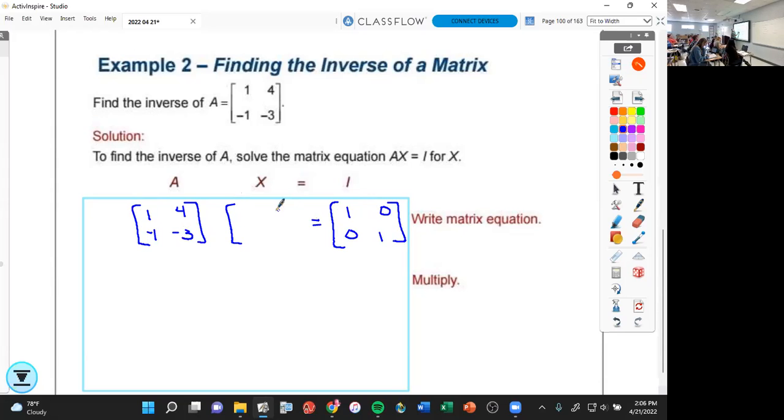But is it a 2 by 2 matrix? Does this 2 by 2 matrix have 4 items in it? Do you know what they are? I don't. Could some of them be the same? Do they have to be the same? I don't know what this one is. I don't know what this one is. I don't know what this one is. And I don't know what this one is. I have 4 variables.